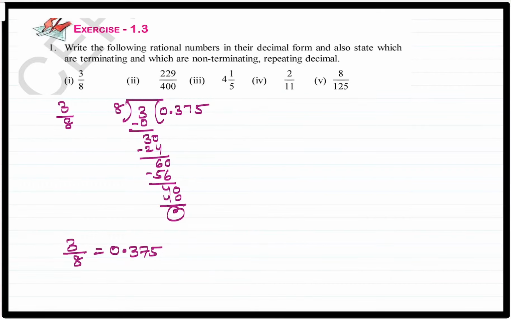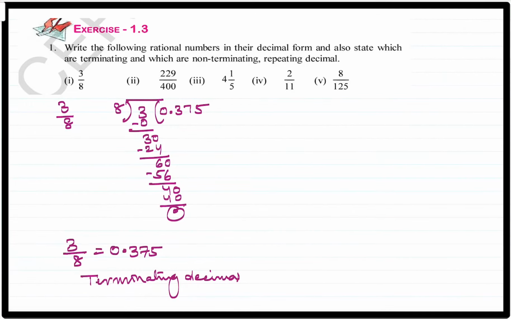That's why this is called a terminating decimal. So 3 by 8 is a terminating decimal. Okay, next one.